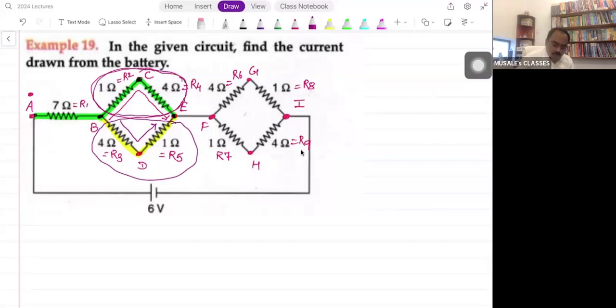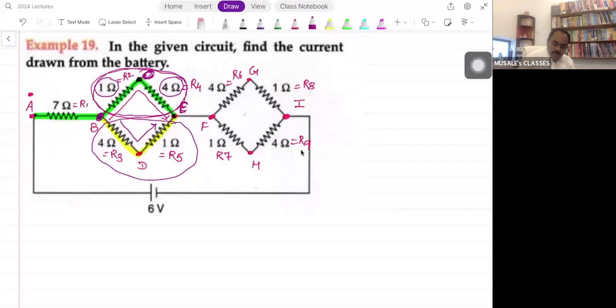So this is 1, this is 4. 1 plus 4 will be 5. So from BCE, we will get a series resistance of 5.